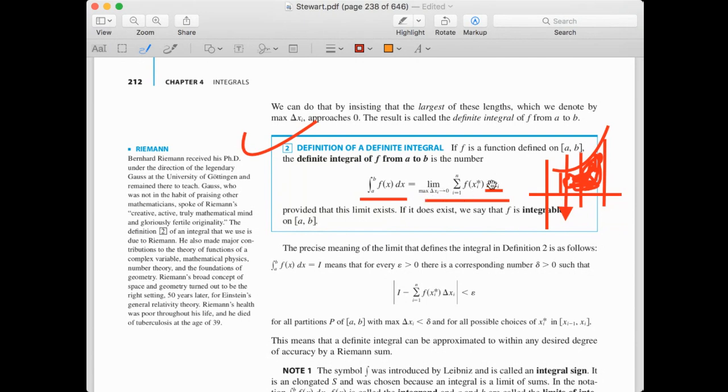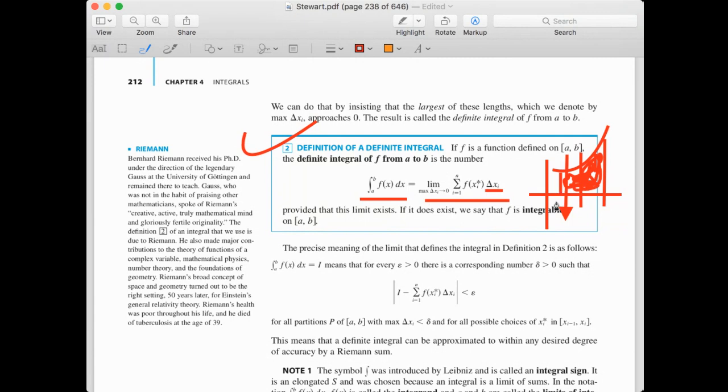If we write this as 1 over n and let n go to infinity, it's the same thing, just with the notation changed a little bit. This delta x means the 1 over n from before, the change in x.